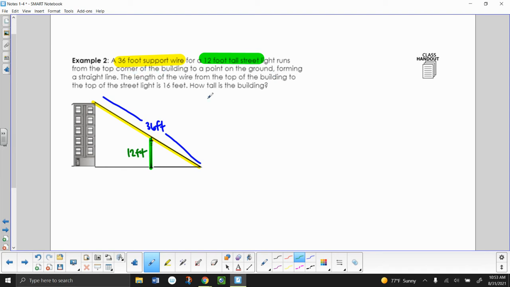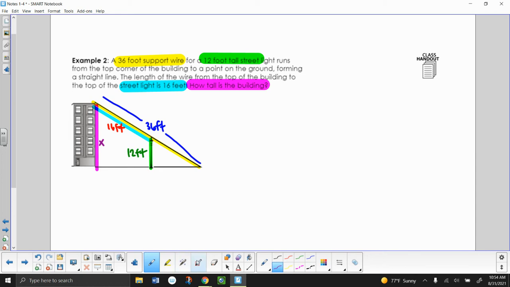And then it says the length of the wire from the top of the building to the top of the street light is 16 feet. So from here to here is 16 feet. And we want to know how tall the building is. So what we're solving for is this length right here. I'm going to put X there, or you can use whatever letter, it doesn't matter.